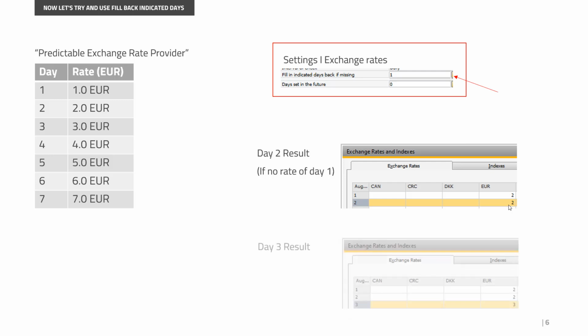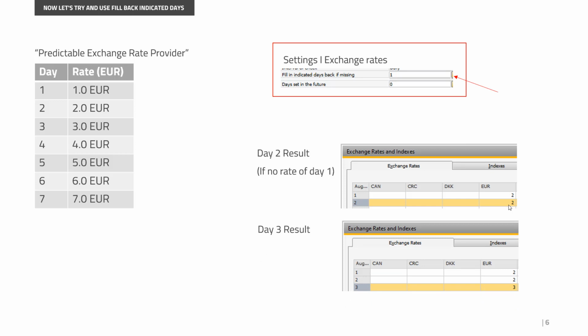With me so far? Day 3 will then set day 3. But for fillback missing days, nothing would happen, because day 2 already had something. So fillback missing indicated days doesn't really make sense on its own without also the days in the future, which we'll see in the next one.